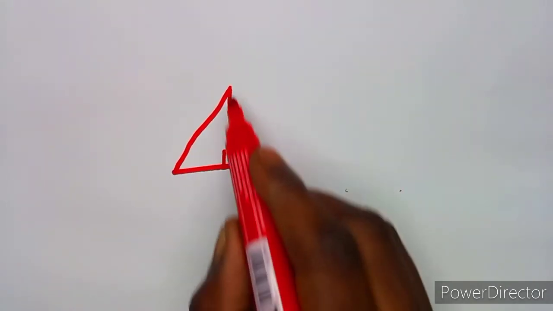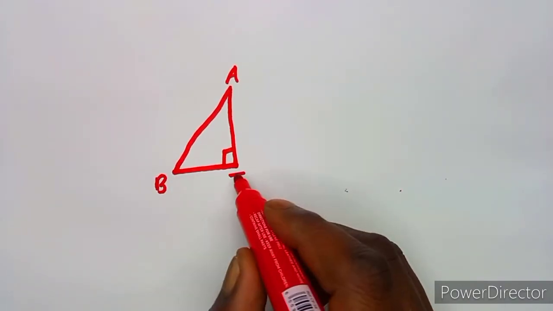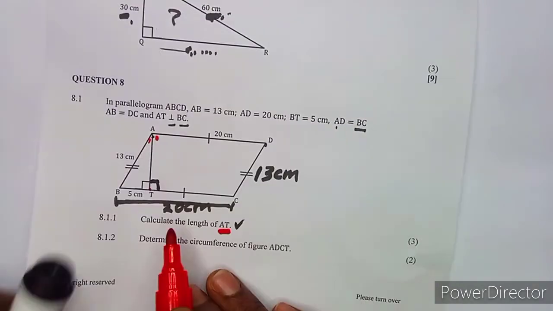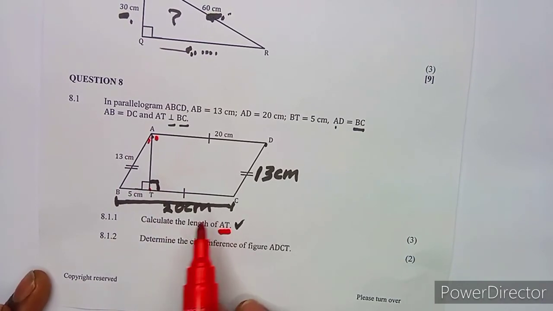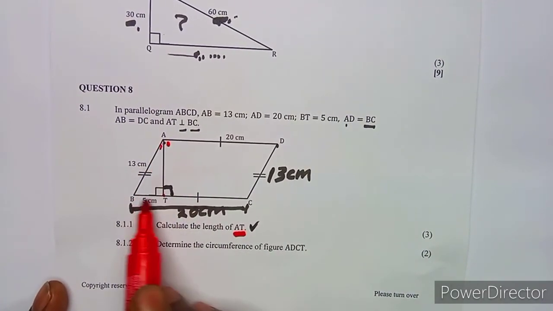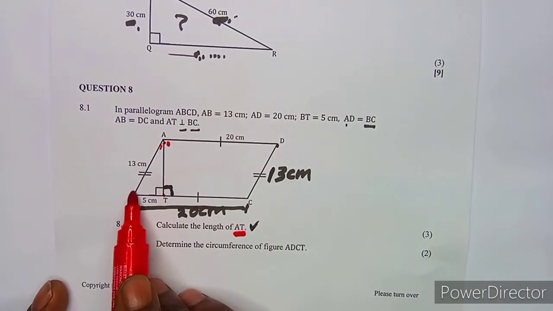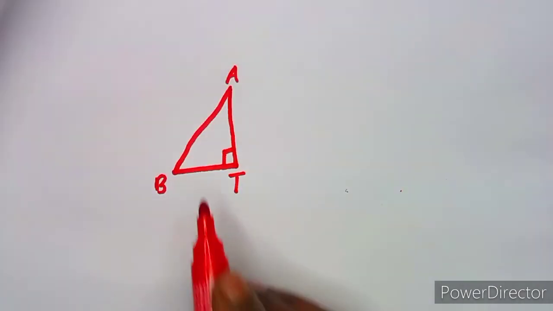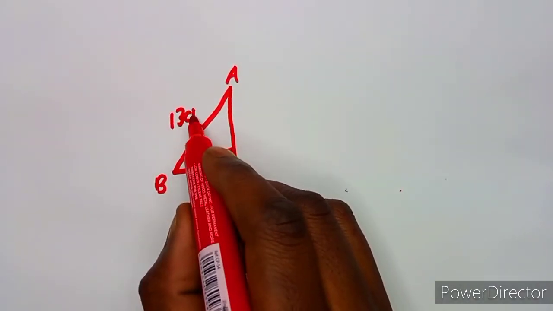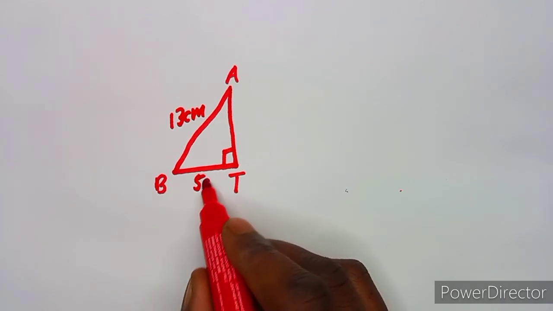We've got something like this: this is your A, this is your B, this is your T. As you can see, AB is 13, this is 13 centimeters, and this is 5 centimeters. You want to calculate this side AT.